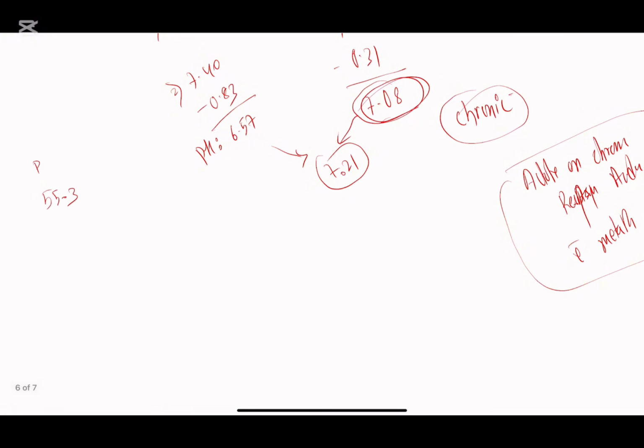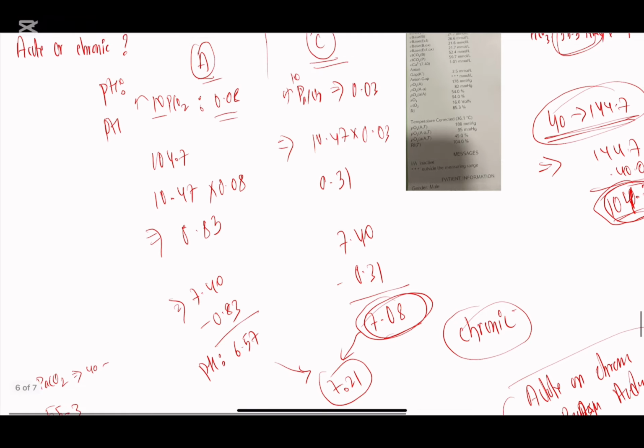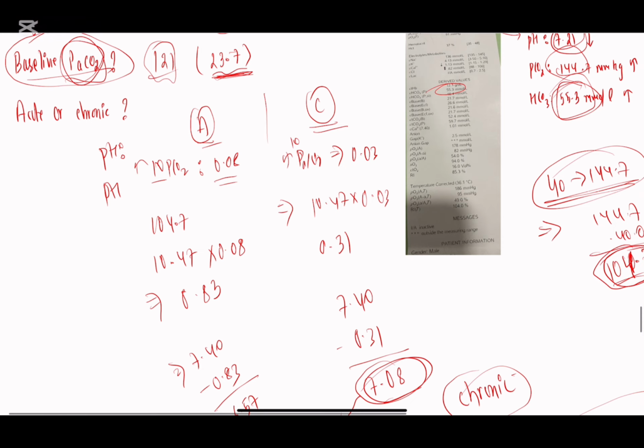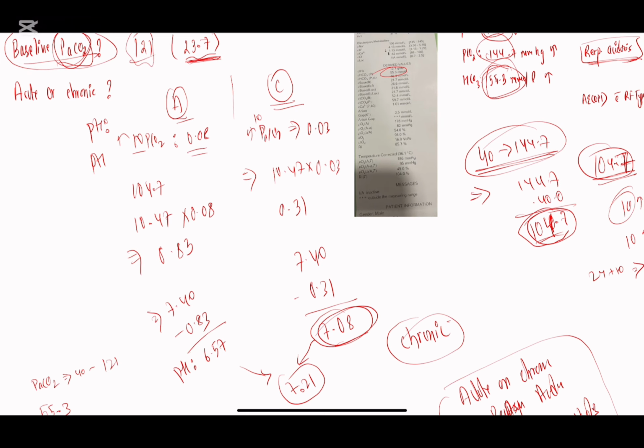We have got the PaCO2 increase from 40 to 121 in the chronic phase, and from 121 by adding 23.7 to 144.7 acutely.